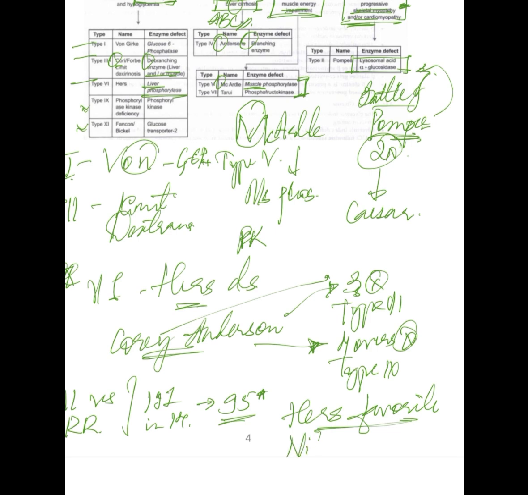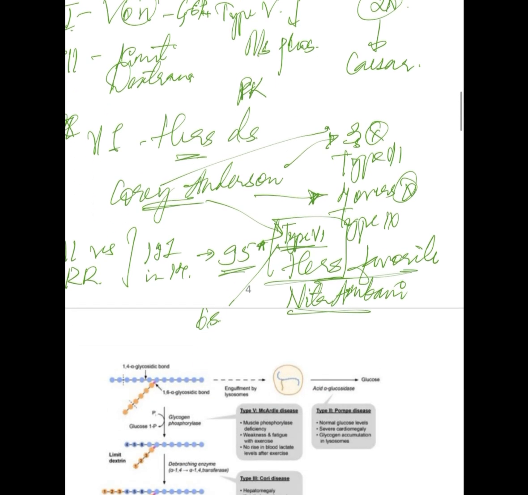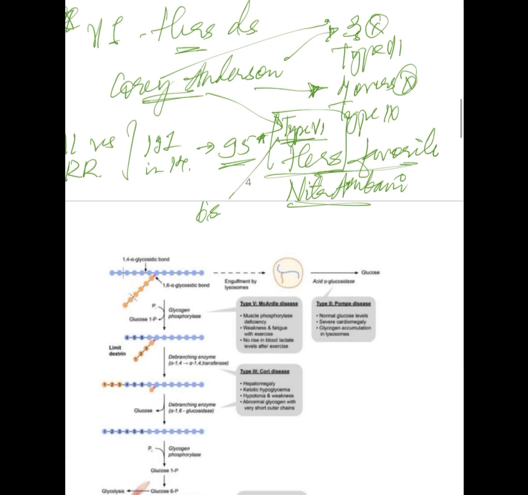I am talking about Neeta Ambani. Why did he become her favorite? Because he helped Mumbai Indians qualify for the playoffs that season, and hence you will always remember that type 6 is Hers, because Corey Anderson used to hit sixes, lots of sixes, and in that particular match he hit a lot of sixes and helped them qualify. So this is my short story that will help you to remember glycogen storage disorders.